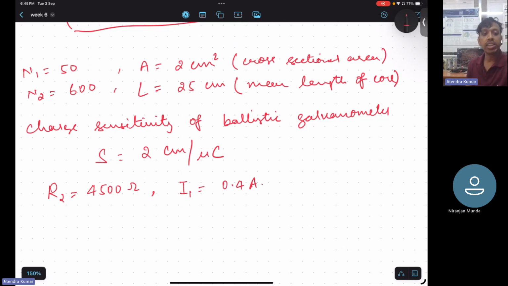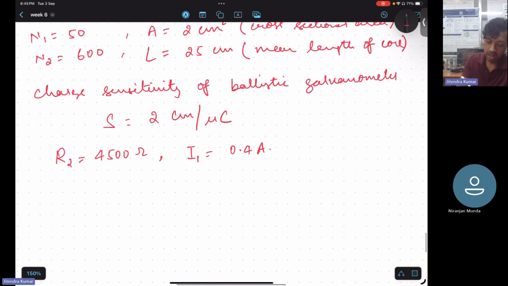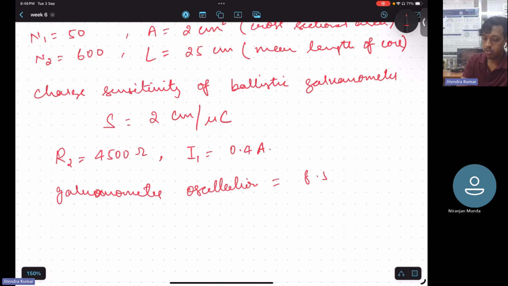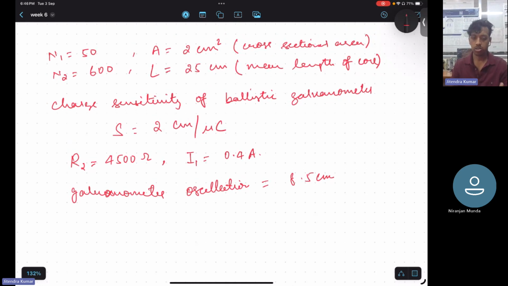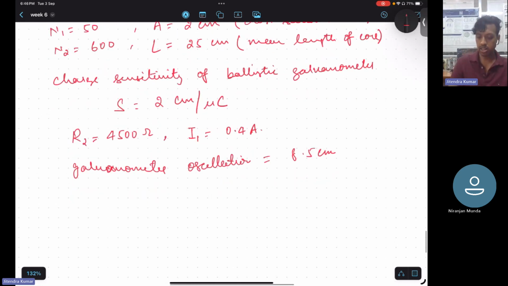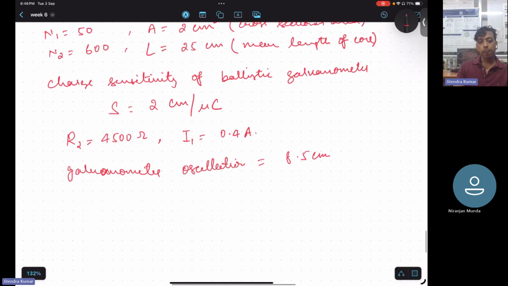Now, when the switch is opened, the galvanometer shows an oscillation of 8.5 centimeter amplitude. So there is a lot of data to process, but no need to get scared of this much data. We need to calculate the magnetic flux density in the core.